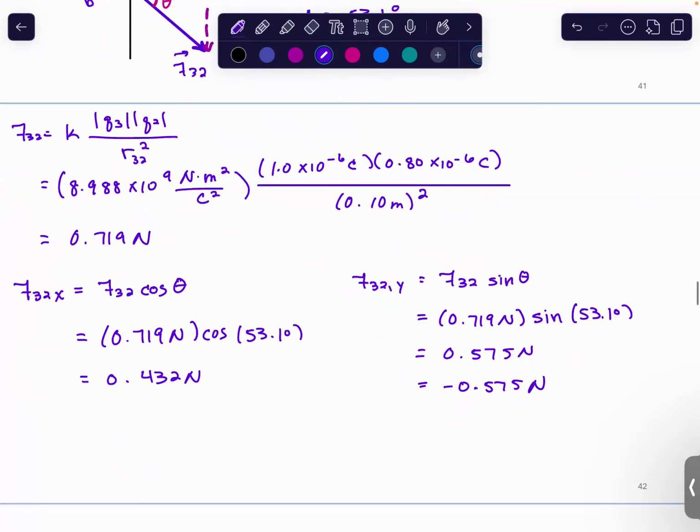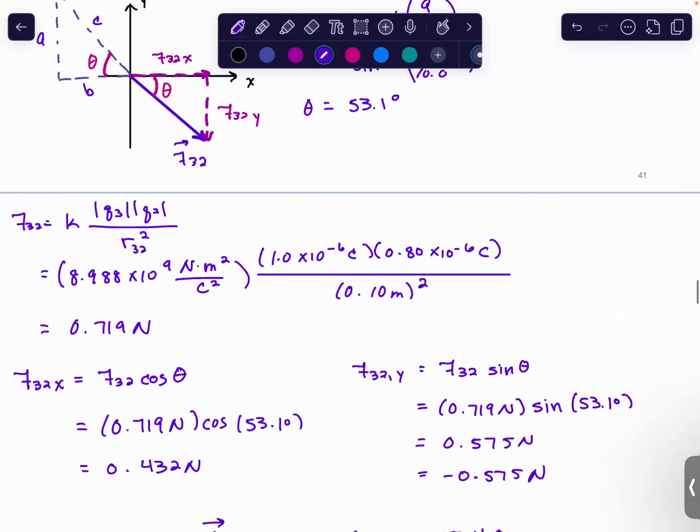All right, so that is going to give us okay. And now we have two vectors, one we solved last time and now this one, that we can add together to get the total force on what were we looking for?